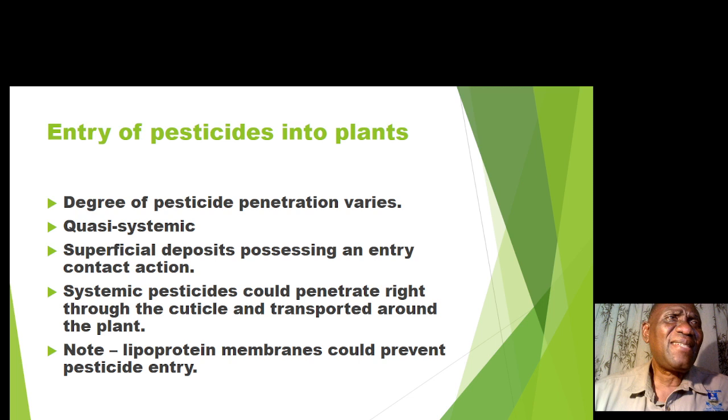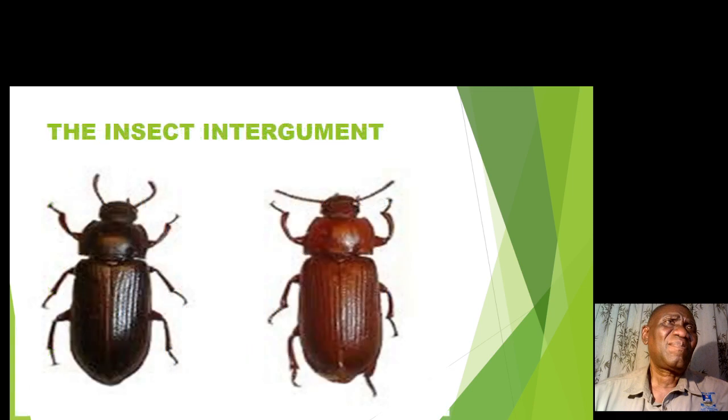Please note that there are lipoprotein membranes which could prevent pesticide entry. So that was the protection of the plant from pesticides, the cuticle.